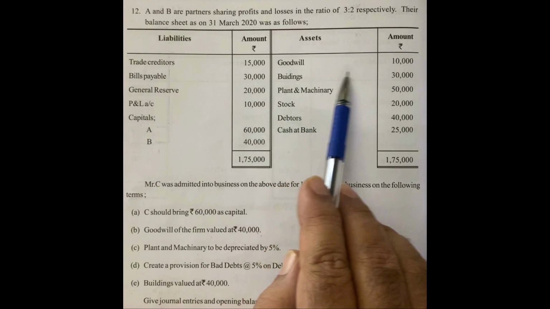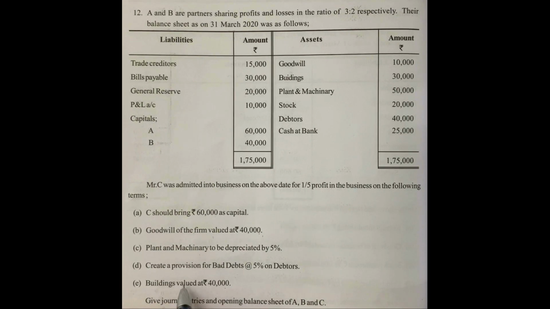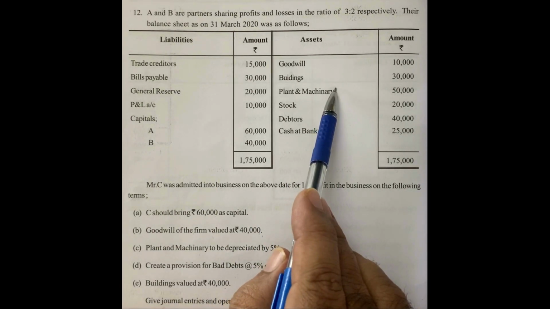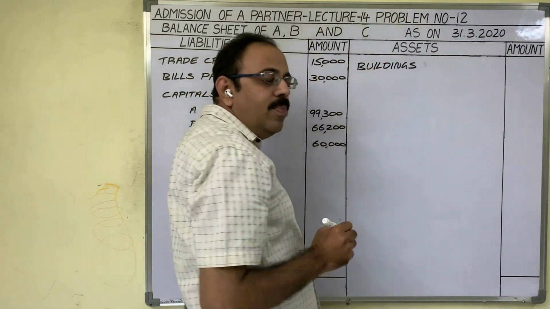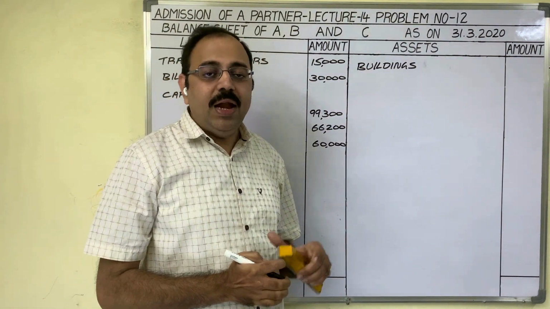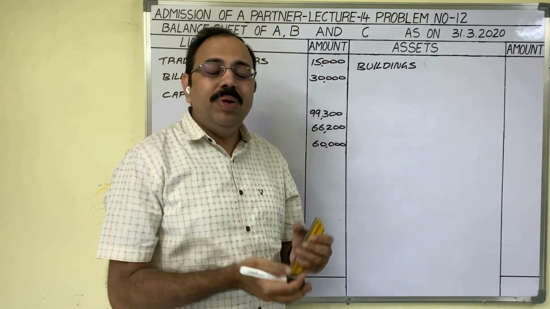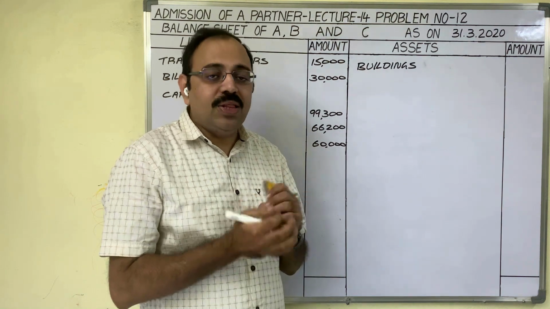Next, come to buildings 30,000 rupees. In additional information, building valued at 40,000 rupees. There is one adjustment related with the buildings. In old balance sheet, building value is given as 30,000 rupees. And the market value of this building is 40,000 rupees. So building value is increased by 10,000.